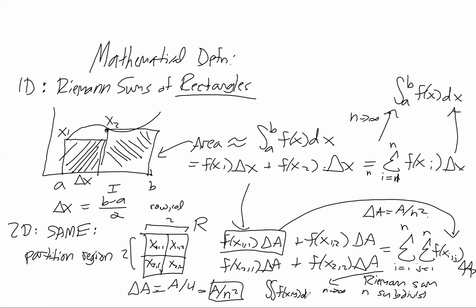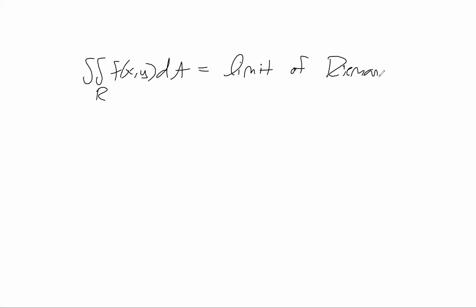And we're just going to put a dA here instead of a delta A. Okay, so the double integral is, again, just the limit of the Riemann sums as the subdivision gets large.